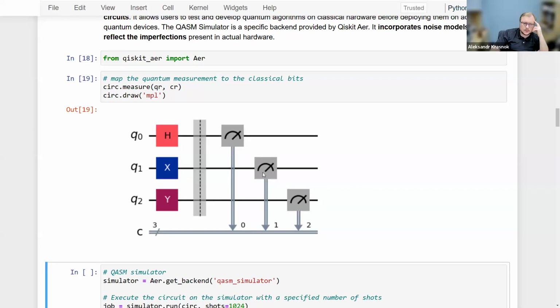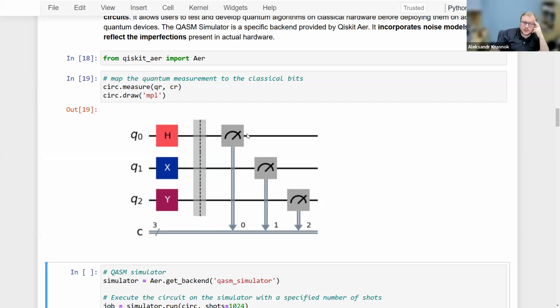gates, okay, which are the only non-unitary gates in this area. Okay, so they are not time reversible.